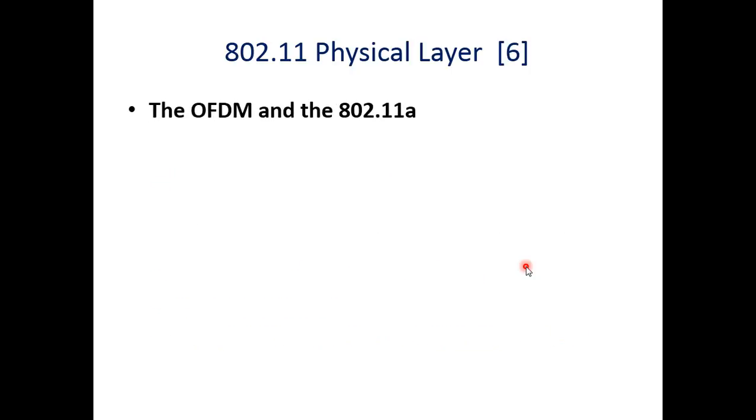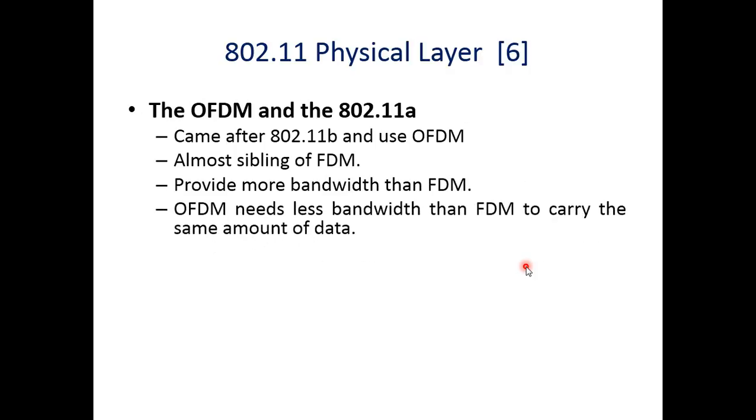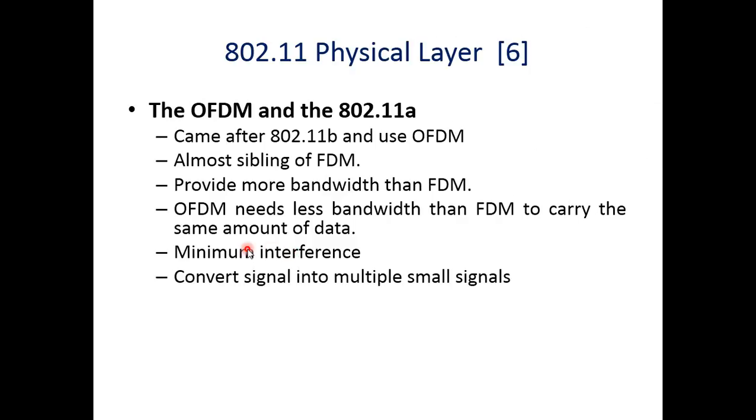Now 802.11a came after 802.11b and used OFDM, as we recently discussed. It is almost a sibling of FDM, frequency division multiplexing. If you want to see the video on FDM, then our YouTube channel contains good content about FDM. It provides more bandwidth than FDM. So this is what is included in OFDM and 802.11a.